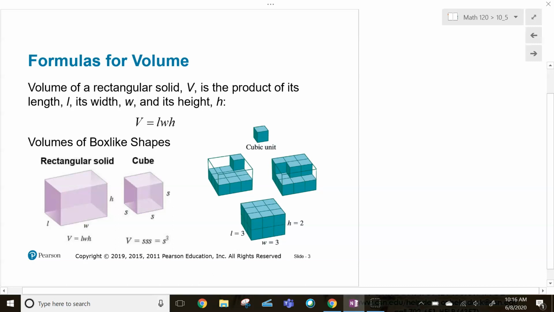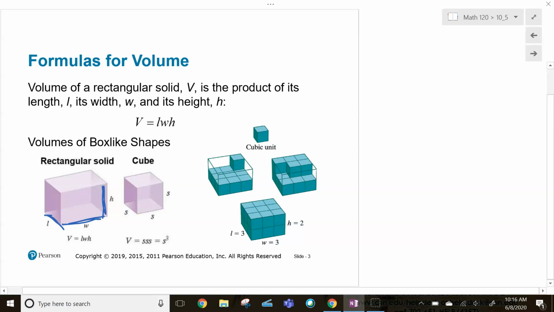You notice some rectangular solids here, right? So if you're finding the volume of something, in other words, like maybe how much water it can hold, you multiply the length times the width times the height.